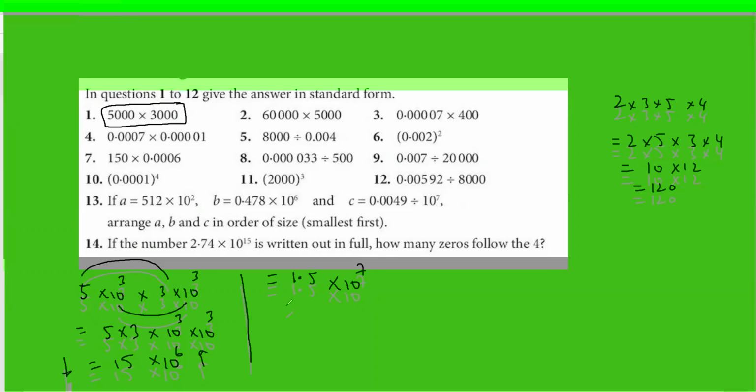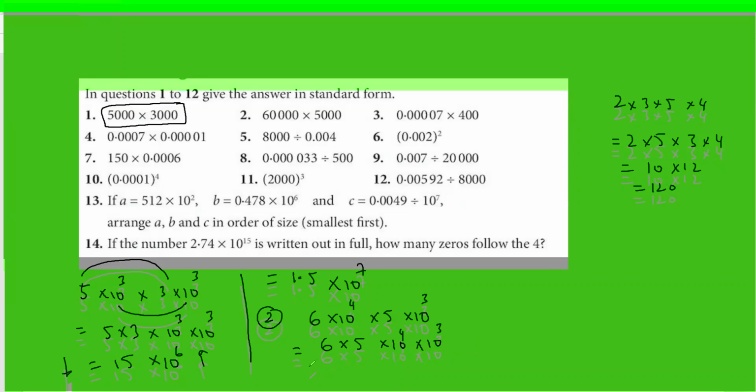When you have to divide them, maybe let's do the multiplication questions first. Look at the second question now. Can I write this as 6 into 10 raised to power 4 times 5 into 10 raised to power 3? I just rearrange them. This is 6 times 5 into 10 raised to power 4 into 10 raised to power 3.